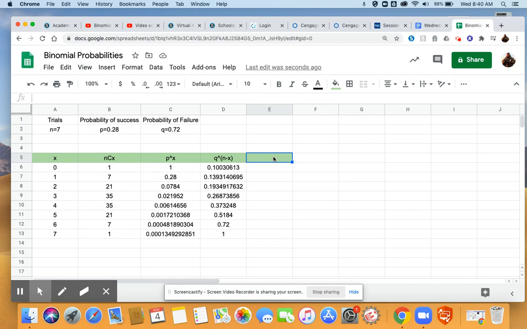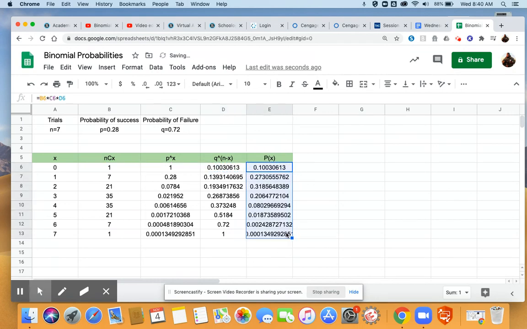We can hop over here and say this is going to be our probability of x column. And all we have to do is say equals this number times this number times this number, and hit enter, drag and drop, and we've got all our probabilities filled in.